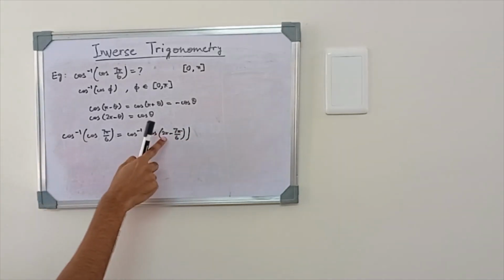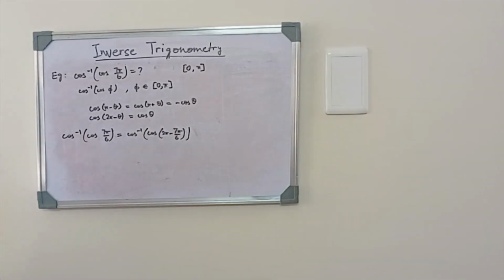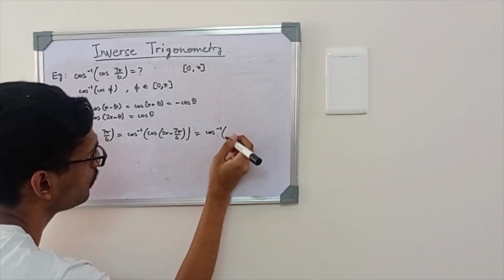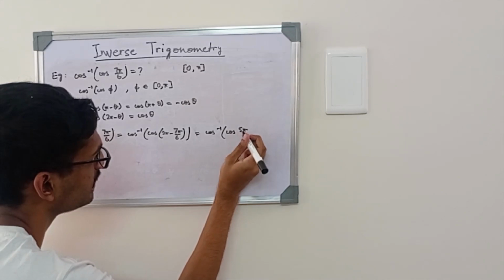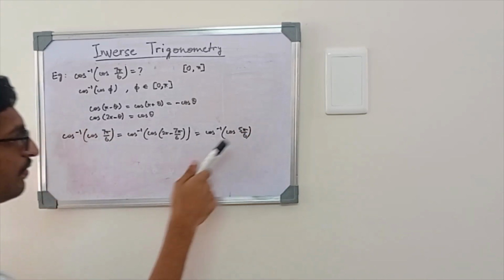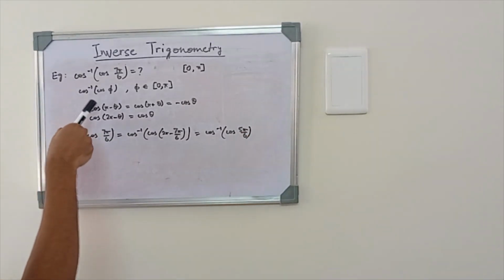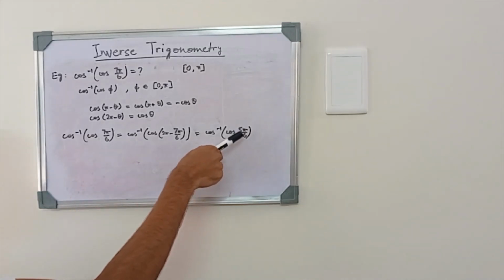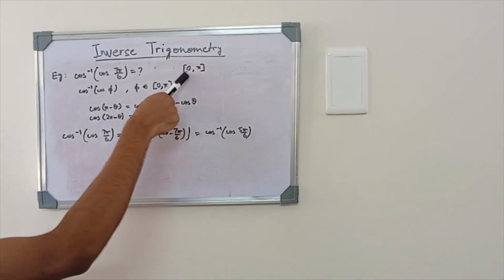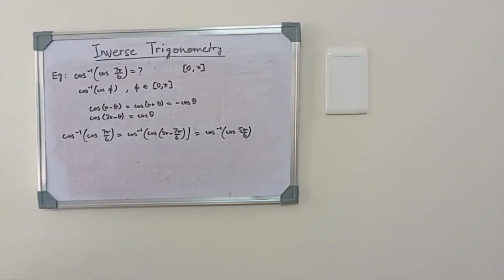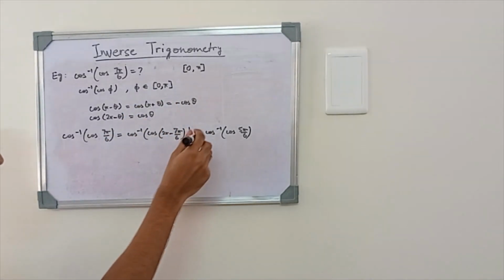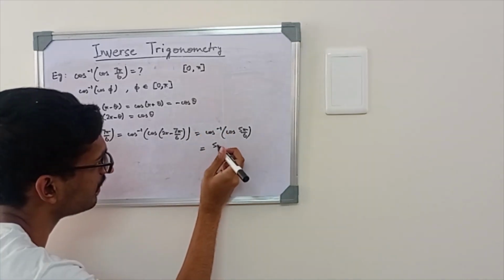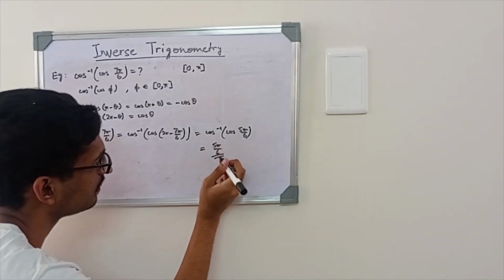Now this is 12 pi by 6 and this is 7 pi by 6. So it will become cos inverse of cos of 5 pi by 6. And now you see you've reduced it to this form, cos inverse of cos phi, and this phi angle, 5 pi by 6 that we got here, is within the principal value branch. So that means now we can directly cancel out the cos inverse and the cos and write our answer as 5 pi by 6.